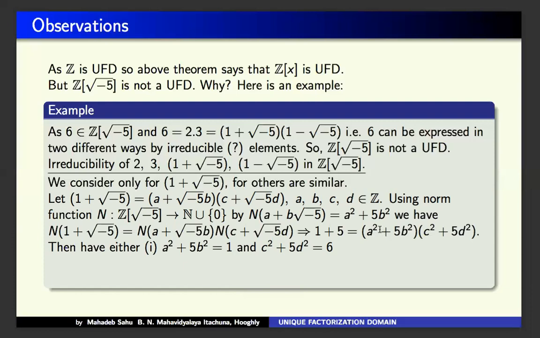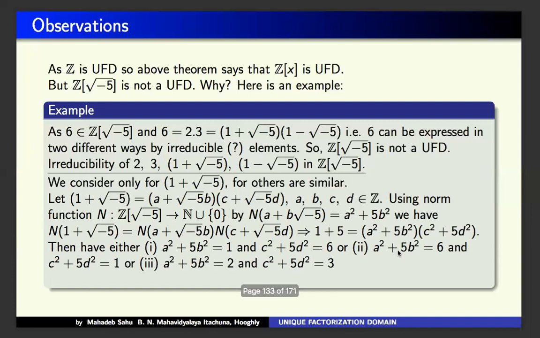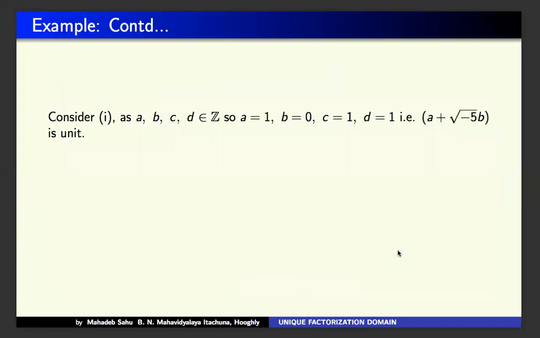Either a square plus 5b square equals 1 and c square plus 5d square equals 6, or a square plus 5b square equals 6 and c square plus 5d square equals 1, or a square plus 5b square equals 3 and c square plus 5d square equals 2, or a square plus 5b square equals 2 and c square plus 5d square equals 3. So one can write it in 4 ways.